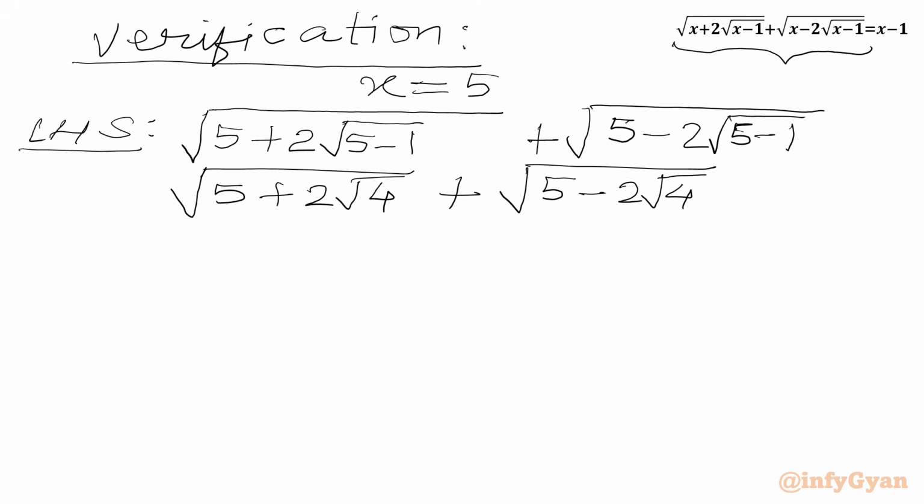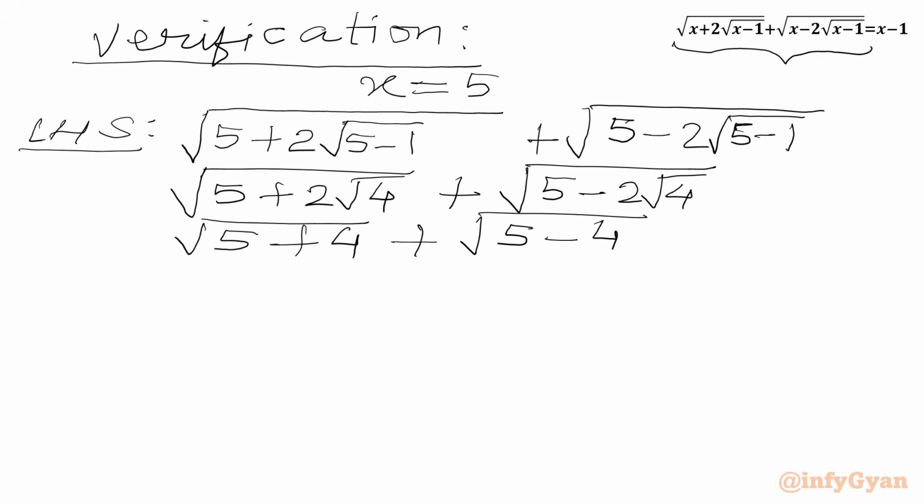Now square root 4 is 2. We will write 5 plus 2 times 2, so let us write 4 plus square root of 5 minus 2 times 2. We will write 4 once again. So this is square root 9 plus square root 1. Square root 9 is 3.